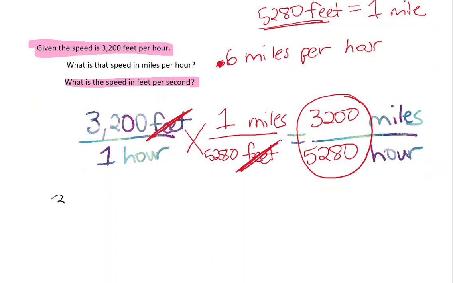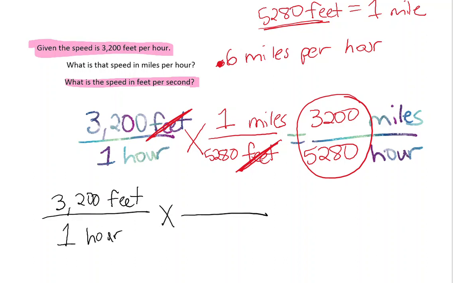So again, we're starting with 3,200 feet per 1 hour. We need to come up with a conversion factor that we can multiply by that will give us a final answer in feet per second.